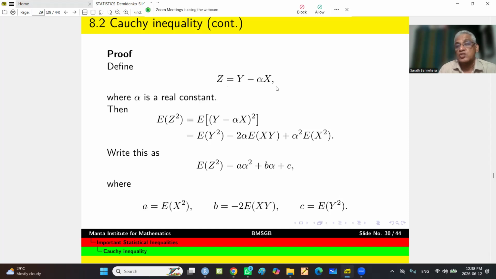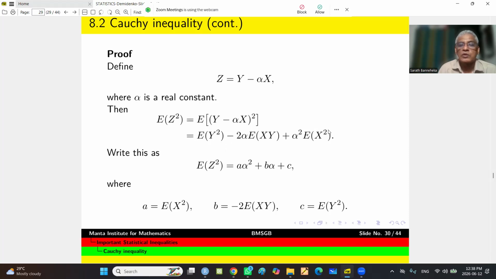So when you take the expected value of Z squared, you are going to get the expected value of Y squared minus 2 times alpha expected value of XY plus alpha squared times expected value of X squared. Notice that this right-hand side is actually a quadratic function of alpha.